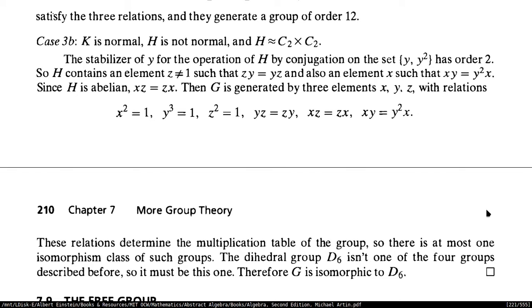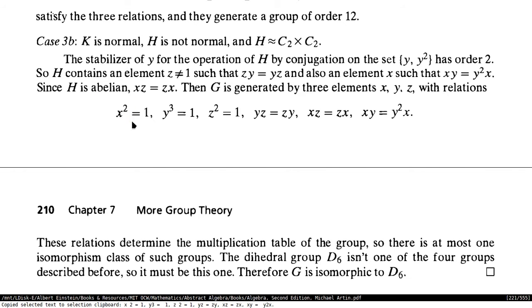So it's got to be D6. This was the last case. There are no other groups, and we haven't gotten to D6 yet. So this weird thing's got to be D6. And I am not going to write down a multiplication table for it to check it.